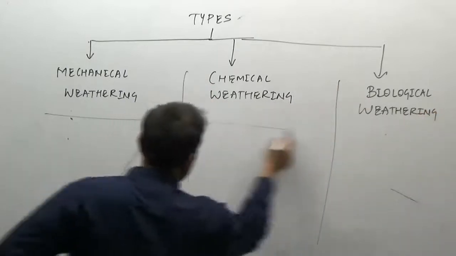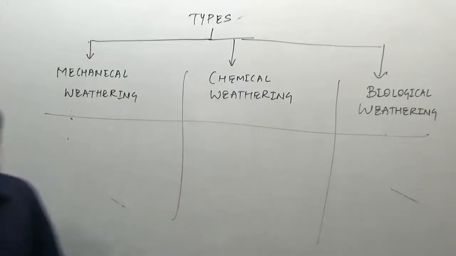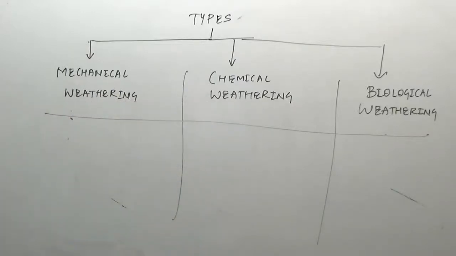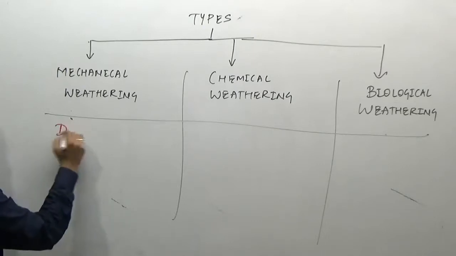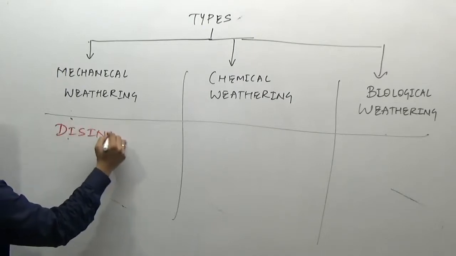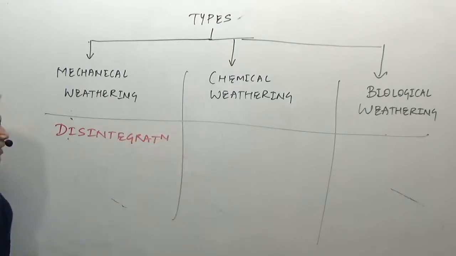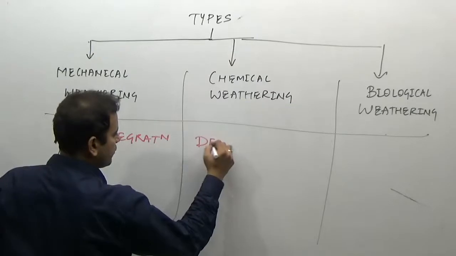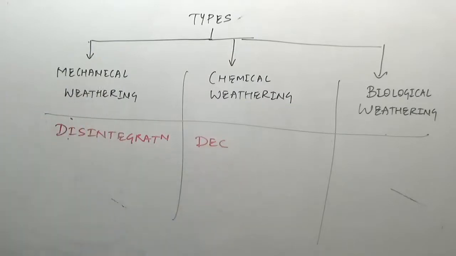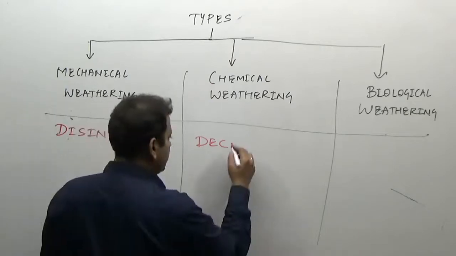What will be the basic difference here? By your previous knowledge, physical breakdown or disintegration of the rock will be mechanical weathering. Decomposition of a rock, rusting of the rocks due to reaction with water, will be chemical weathering.